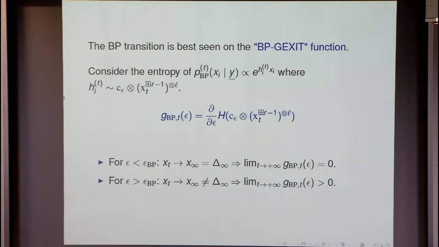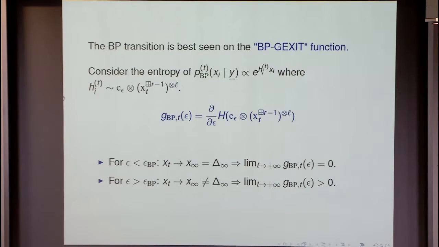Okay. Now, this algorithmic phase transition is best viewed on a curve that I call the belief propagation EXIT curve. I don't explain the terminology here, but basically, what is this curve? You consider this BP marginal, and you look at the entropy.